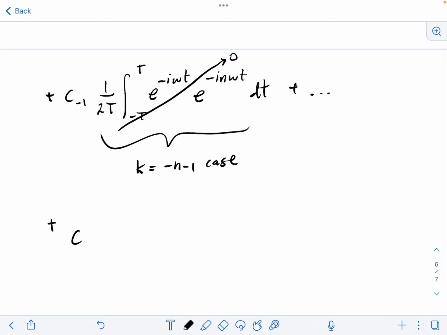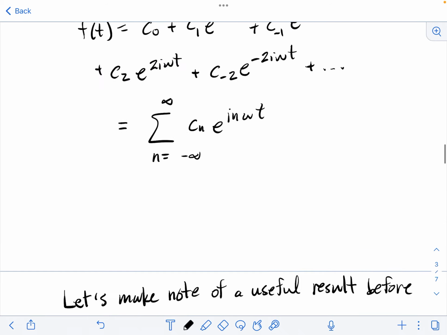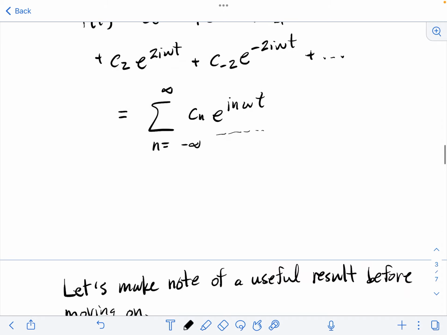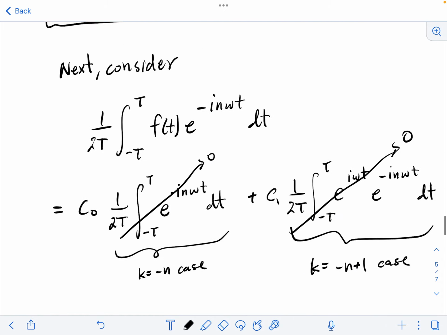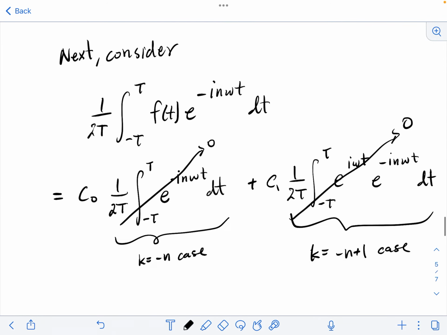In that case, we're going to have 1 over 2T, integral from minus T to plus T. And so the cn term is going to have an e to the i n omega t. And then we're going to multiply that by e to the minus i n omega t.